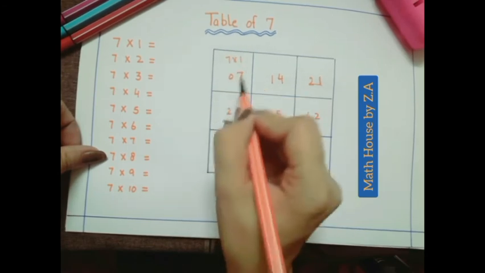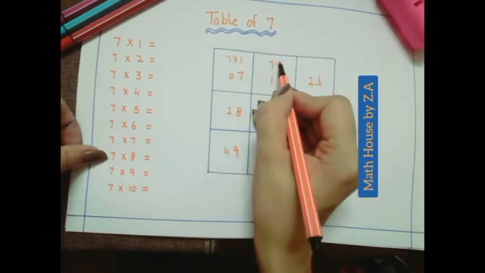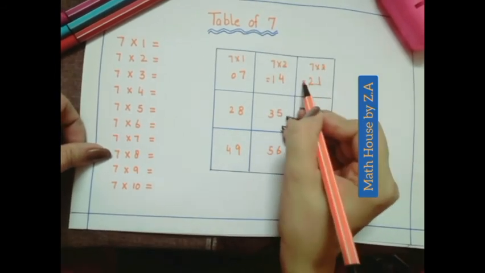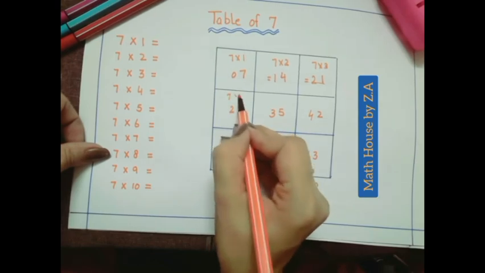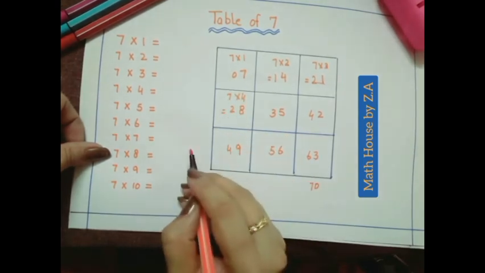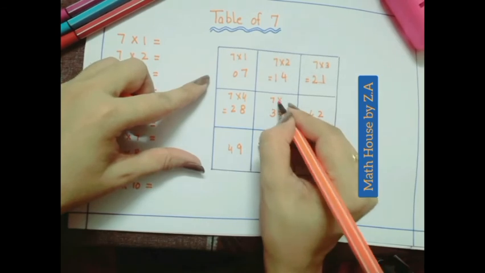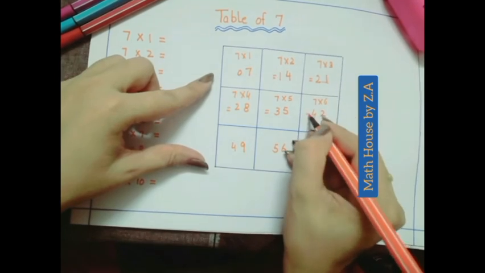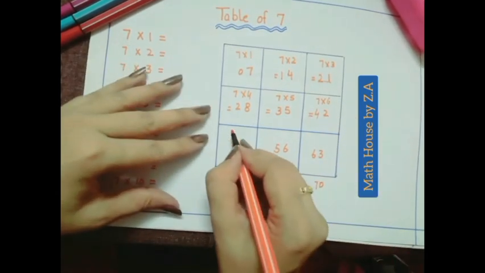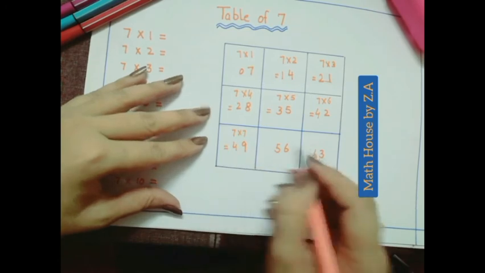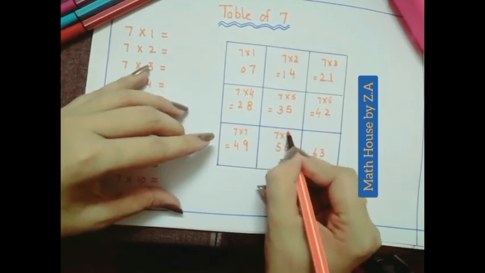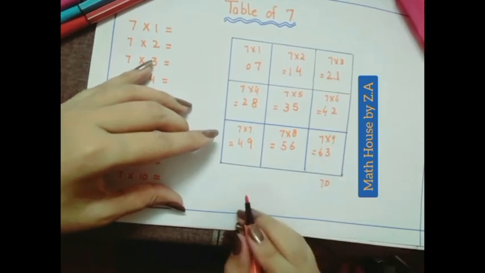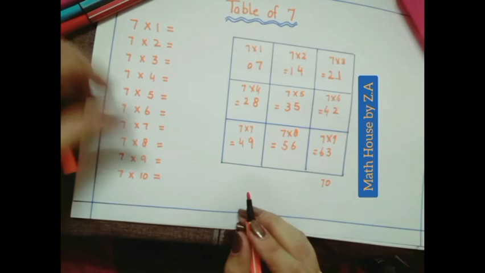7 ones are 7, 7 twos are 14, 7 threes are 21, 7 fours are 28, 7 fives are 35, 7 sixes are 42, 7 sevens are 49, 7 eights are 56, 7 nines are 63, and the last is 7 tens are 70.